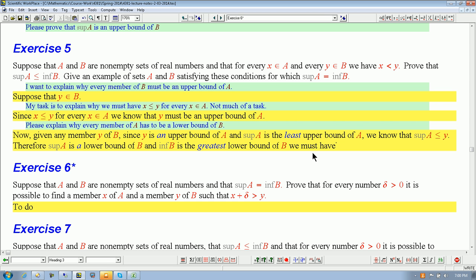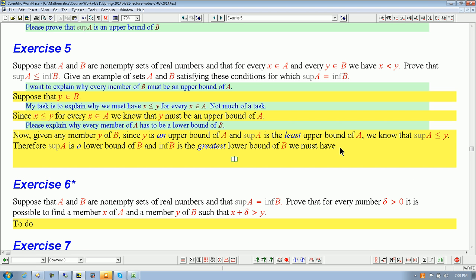Sup A must be less than or equal to inf B. Is that what it asked us to prove?